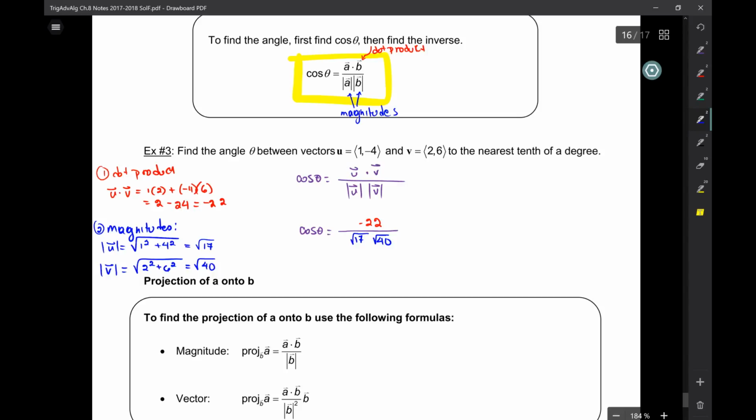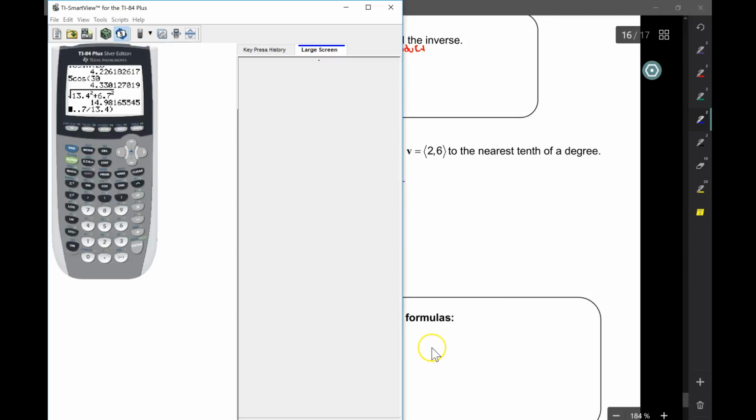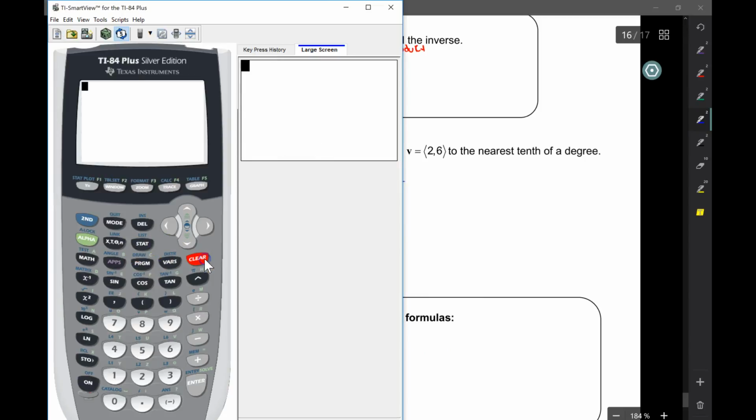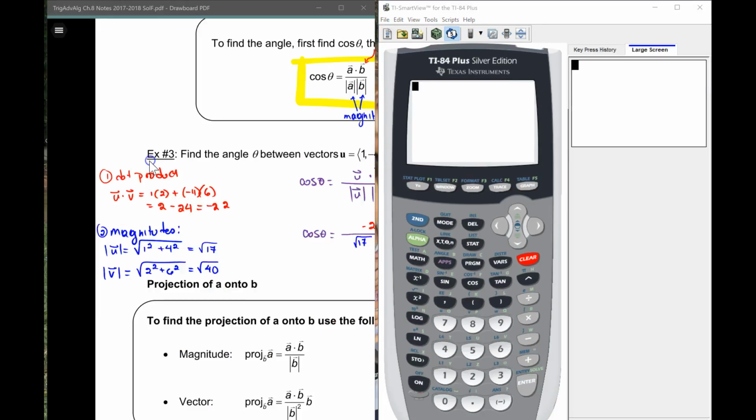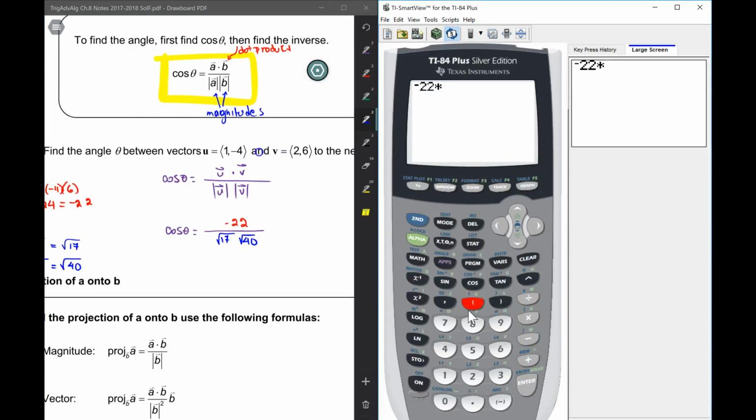Okay, let's go on our calculators. Let me clear all that junk. I have negative 22 divided by, in parentheses, the square root of 17 times the square root of 40, and then close the parentheses.